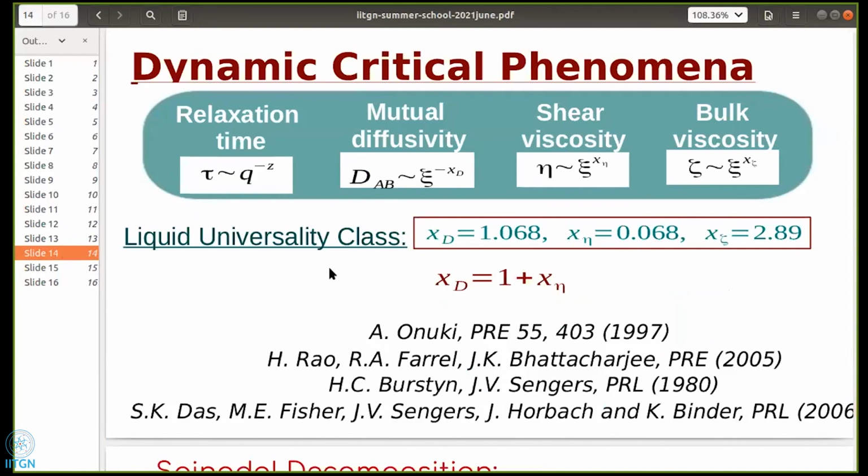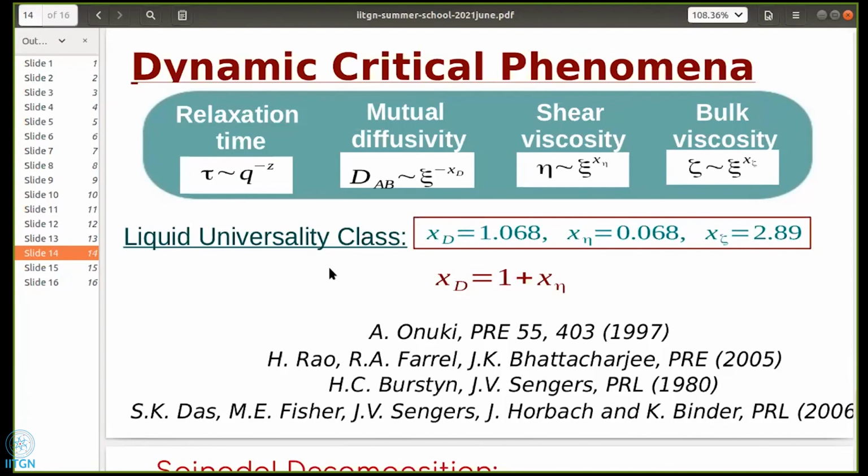Well, first of all, if you have a fluid which is close to the critical temperature, its relaxation time becomes very large, which means that if I slightly perturb the system, it's going to take a longer time to come back to a relaxed situation. This is once again related to the correlation length.